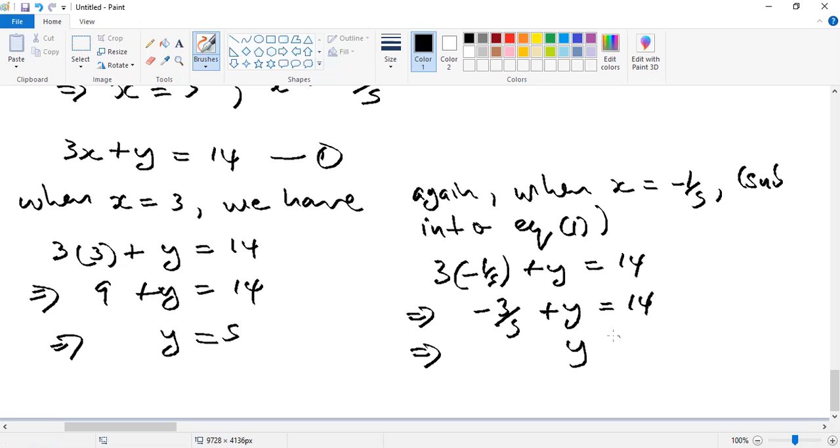So y is equal to 14 plus 3 over 5, which you can say is 14 and 3/5. Some people may not like that, or you can multiply the top and bottom by 5 and then add across and get an improper fraction, whichever way.